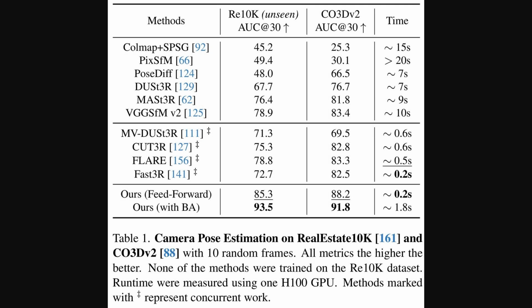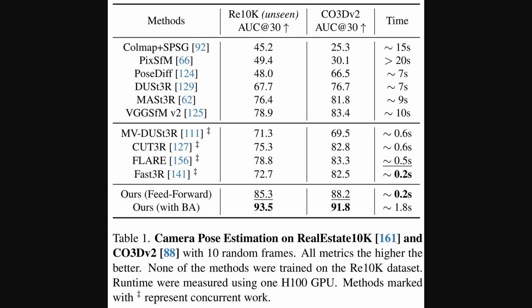Okay, so we've seen the visual outputs like point maps. Now, Table 1 gives us some hard numbers on one of those key tasks, camera pose estimation. This table compares VGGT against several other methods on two different datasets, Real Estate 10K and CO3D V2. Looking at accuracy, which is measured by AUC at 30, higher is better, and also the time it takes.